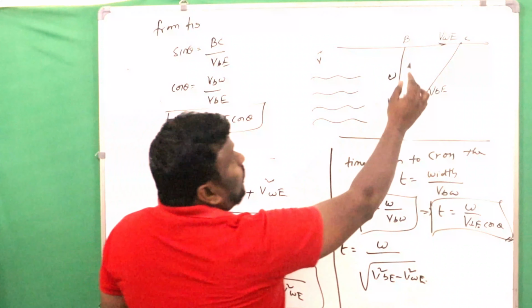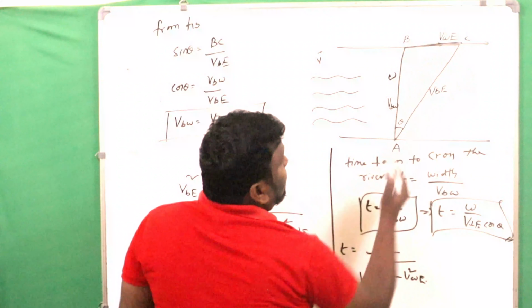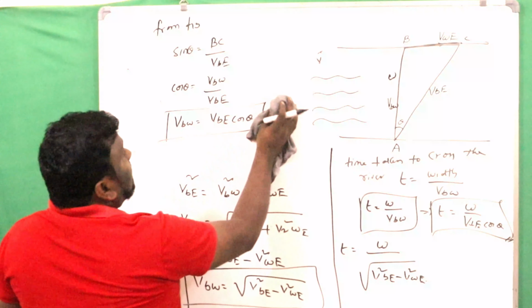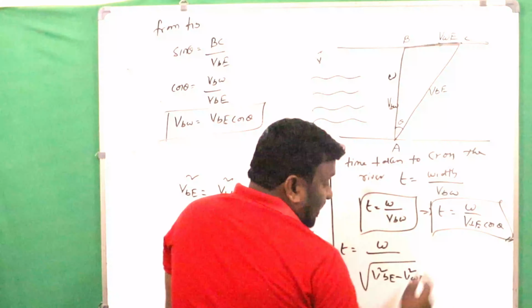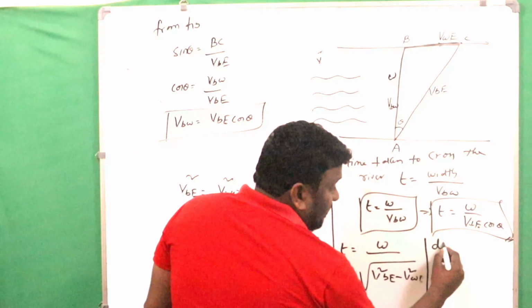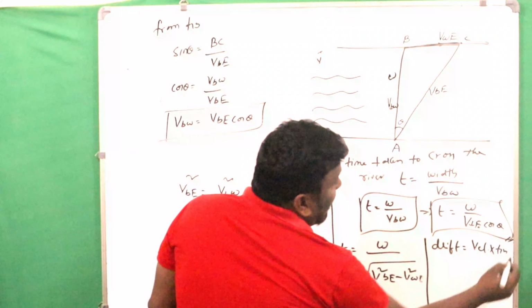And if you want to write the drift, BC, what can you write here? Drift is nothing but displacement. In this case, drift is equals to velocity into time.